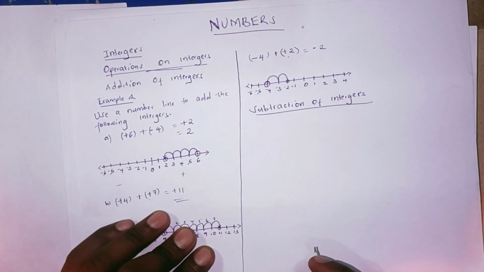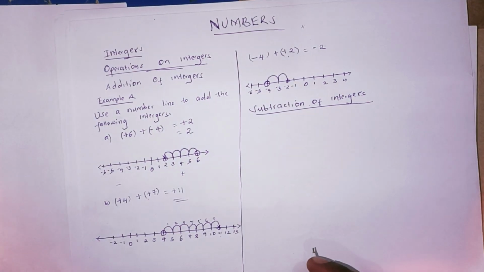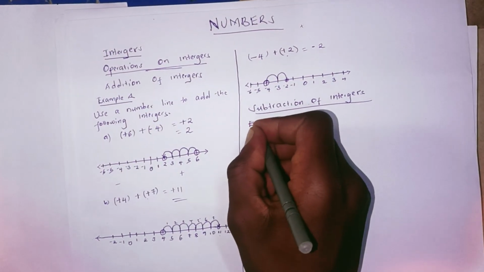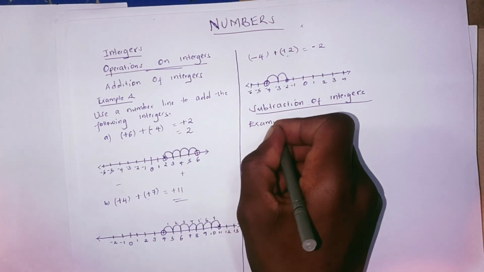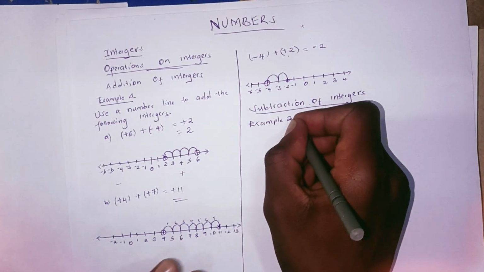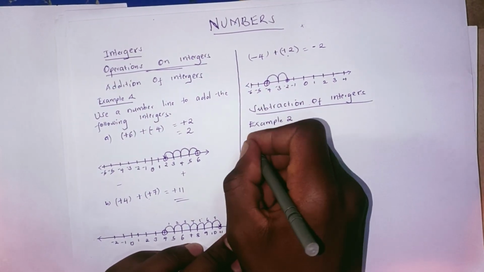In the subtraction of the integers, let us begin with another example. Example 2. Use a number line again.